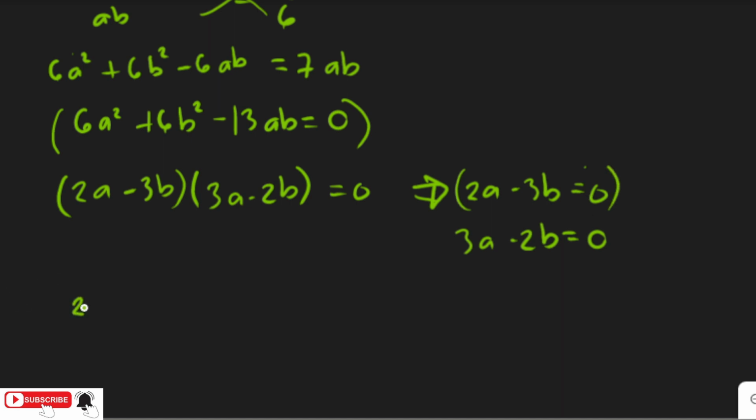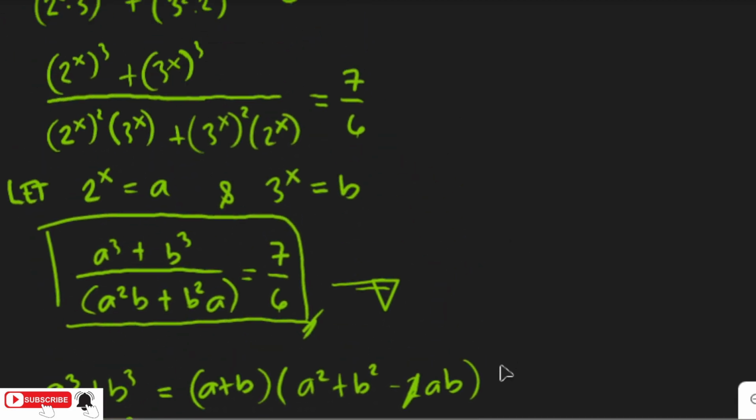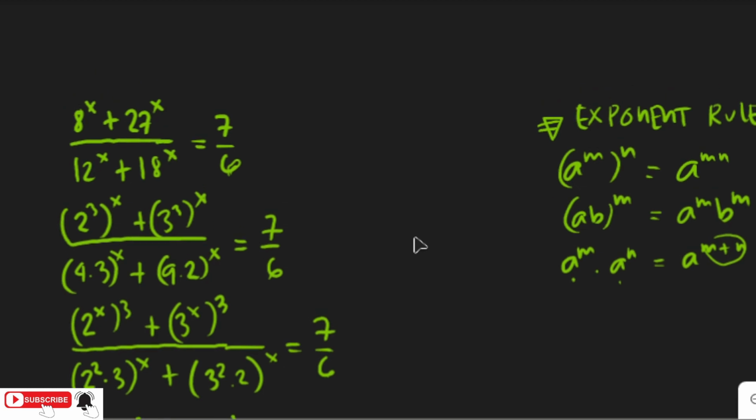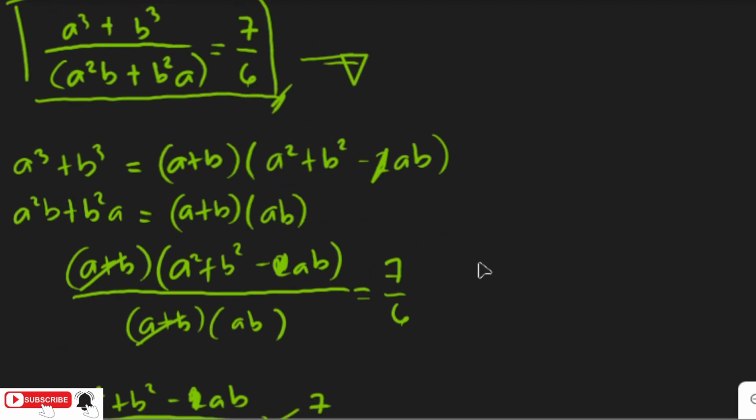You have 2 times a, which is 2^x, minus 3 times b, which is 3^x, equal to 0. From the start, a is equal to 2^x and b is equal to 3^x. So let's continue.